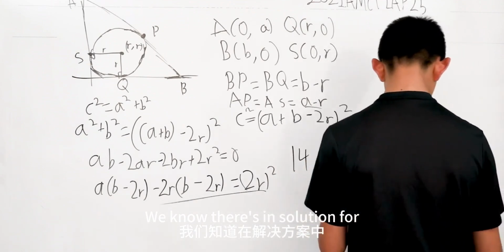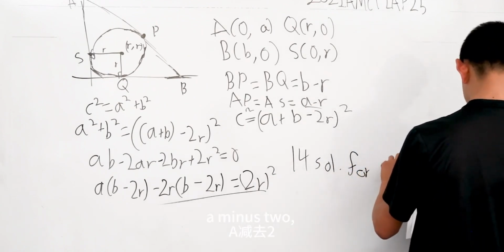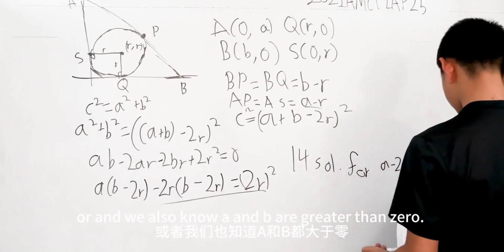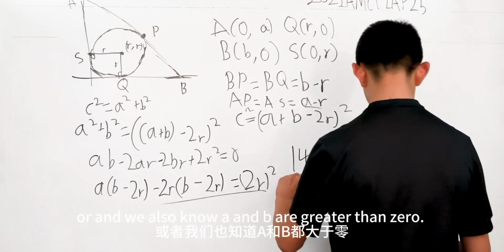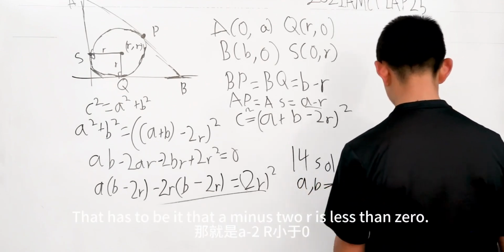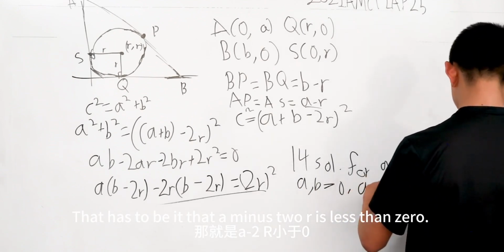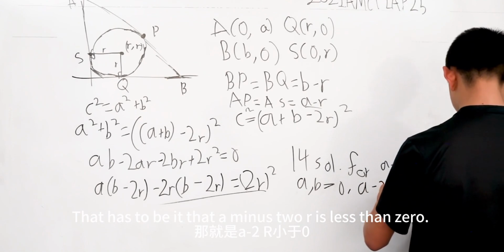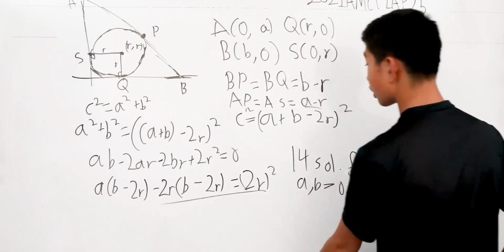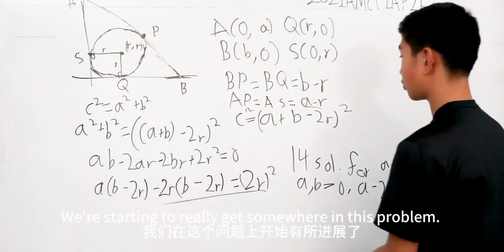Solution for A minus 2R, and we also know A and B are greater than 0. That has to be it. So you know that A minus 2R is less than 0. Okay. We're starting to really get somewhere in this problem.